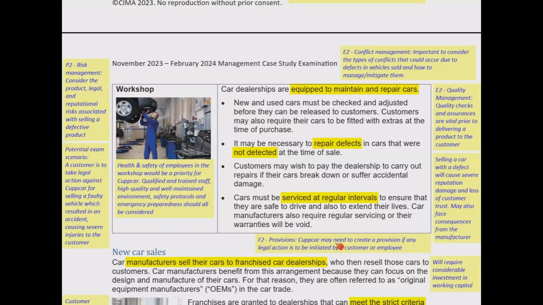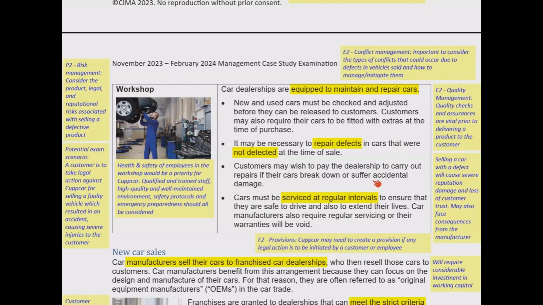I then think back to F2, the need to account for a provision for any compensation claim by the employee or for any form of fine for breaching any legislation.